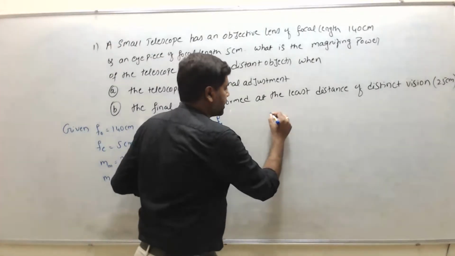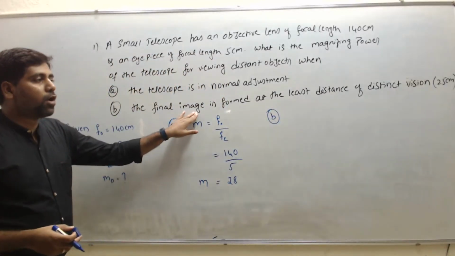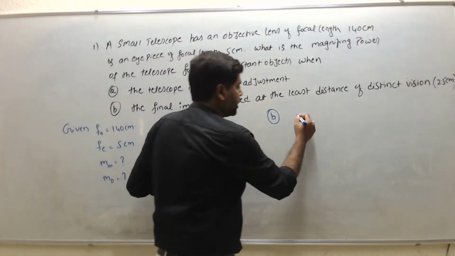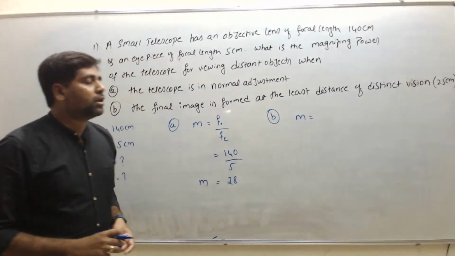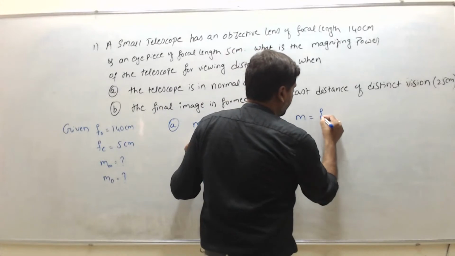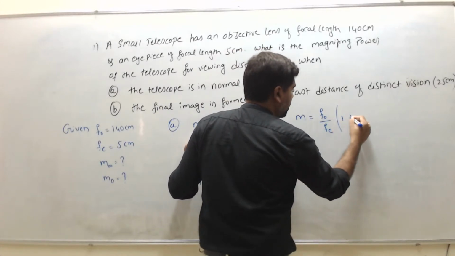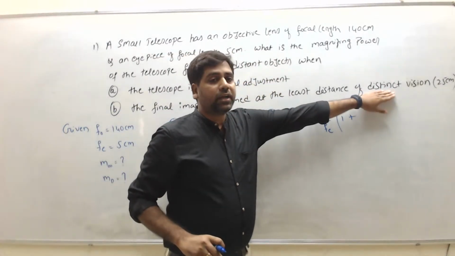So next, second case, when the image is formed at least distance of distinct vision, we have the formula M is equals to f0 divided by fe into 1 plus fe divided by d, where d is the least distance of distinct vision.